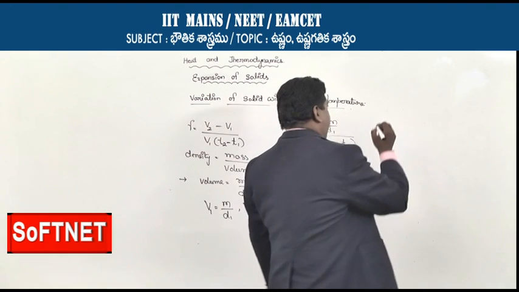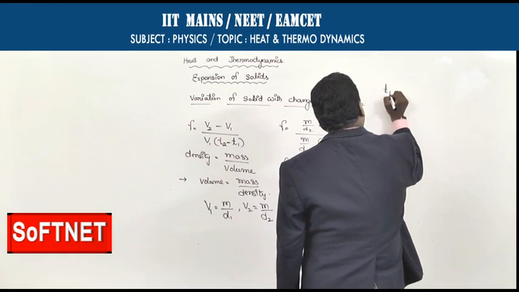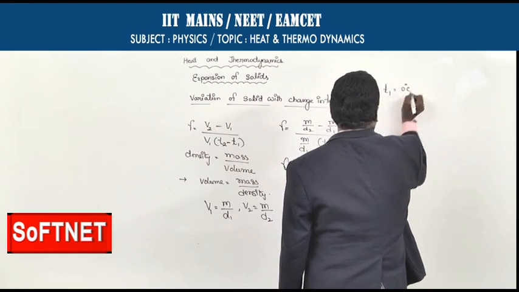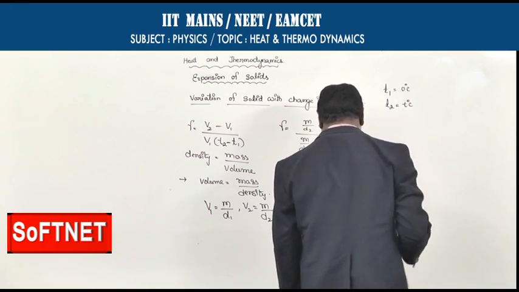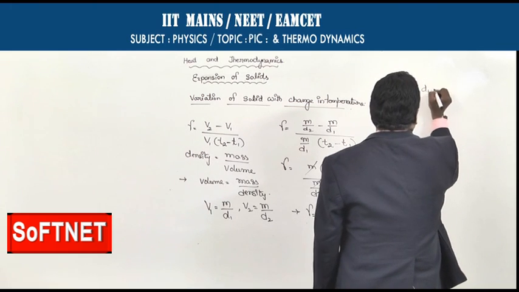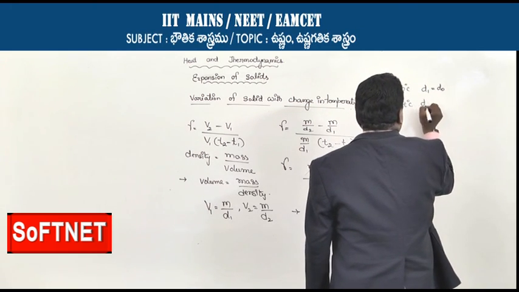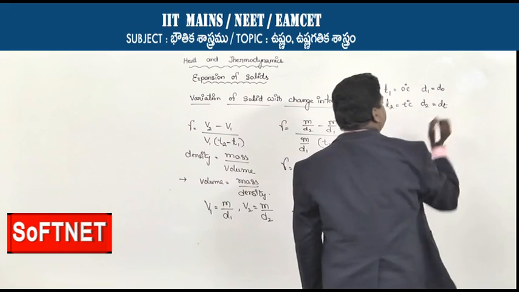Now let us say that T1 equals 0 degrees Celsius, T2 equals T degrees Celsius, then d1 becomes d0, d2 becomes dt.